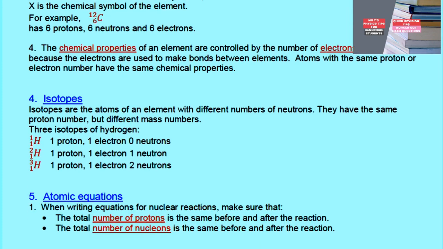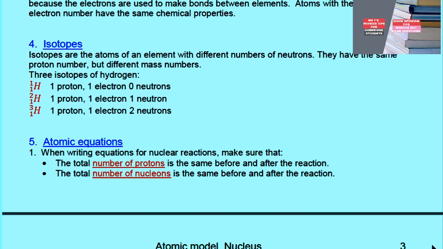Isotopes. Isotopes are the atoms of an element with different numbers of neutrons. They have the same proton number but different mass numbers. Three isotopes of hydrogen are: the first one is the hydrogen that we know, which has 1 proton, 1 electron, and 0 neutrons.